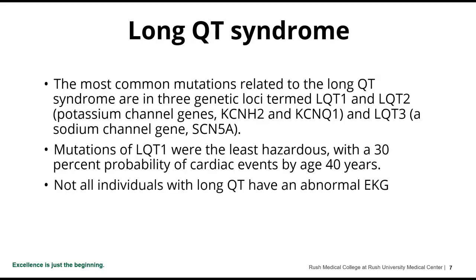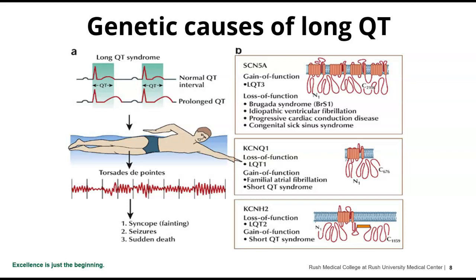Not all individuals with long QT have an abnormal EKG, and this is actually very important. Genetic testing is the only way we can be certain if they have this or not. I know this is a busy slide, but it's actually a really important one. And you see this person swimming, and the reason they show this is swimming can be a precipitator to a cardiac event.